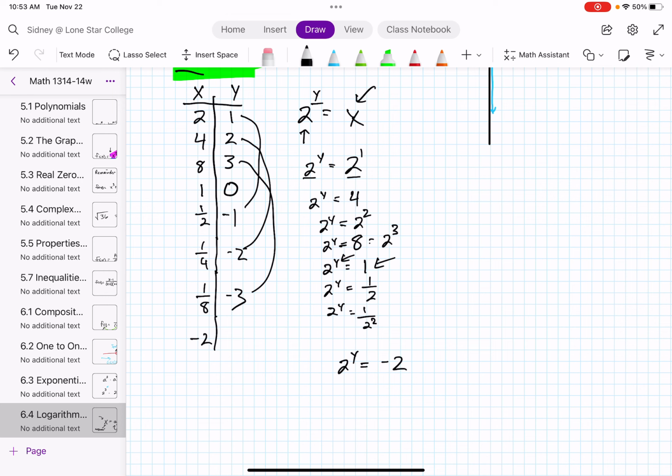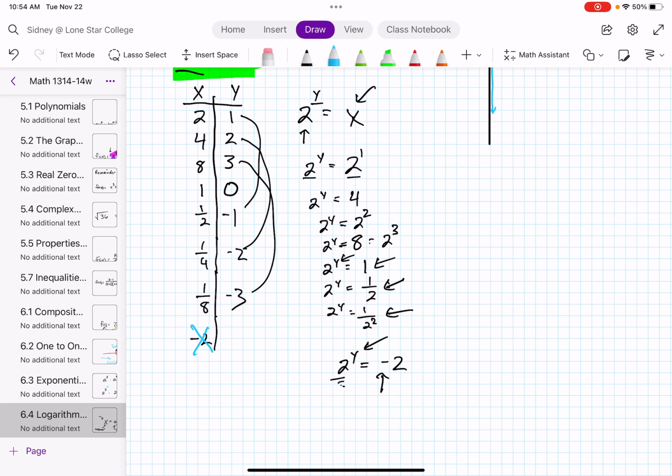Just remember that when we put an exponent here, it doesn't change the sign of 2. We can multiply 2 by itself, we can do the multiplicative inverse like we did for these, but it never actually makes it negative. For that reason, we cannot have negative input values. It just doesn't exist for this particular function.